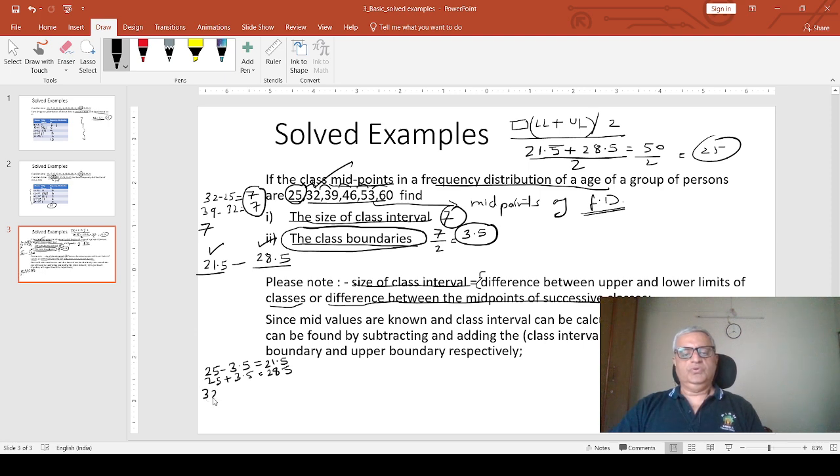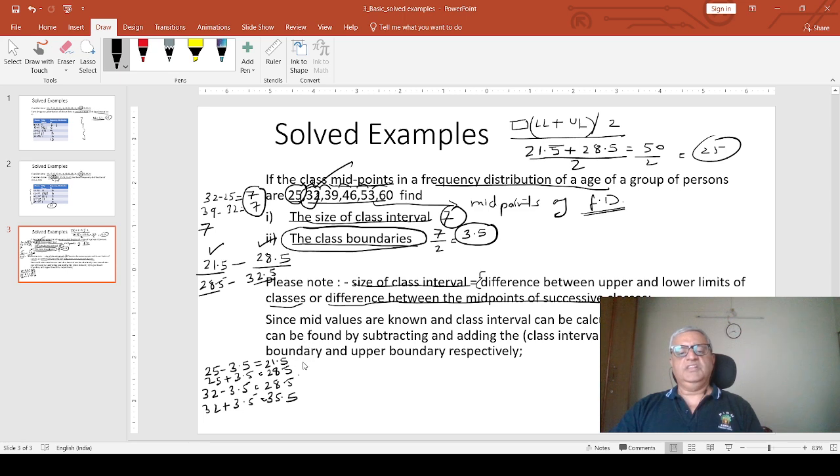So 32 minus 3.5 is equal to 28.5, and 32 plus 3.5 is 35.5. So what is my class boundary for the second class? It is 28.5 to 35.5. Again, if you add these two and divide by 2, you will get 32 as the midpoint.